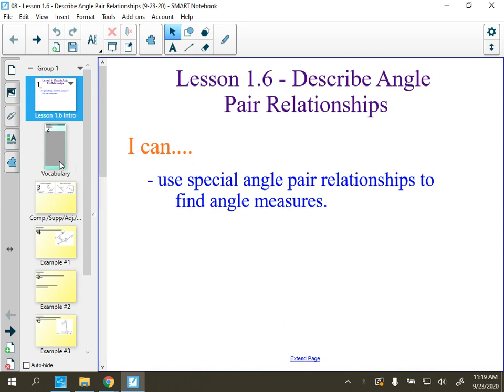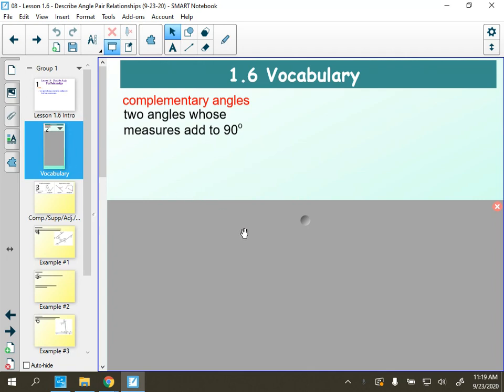First one: complementary angles. Some of these terms, I would guess a lot of us are familiar with. Everything today is pairs. So we're talking two angles whose measures add up to 90 degrees.